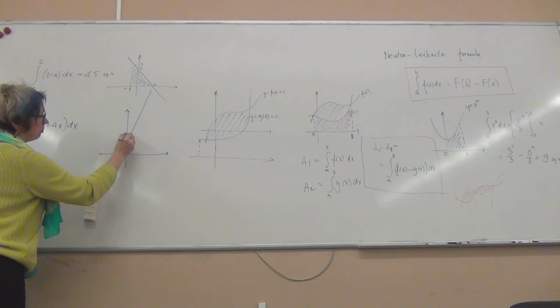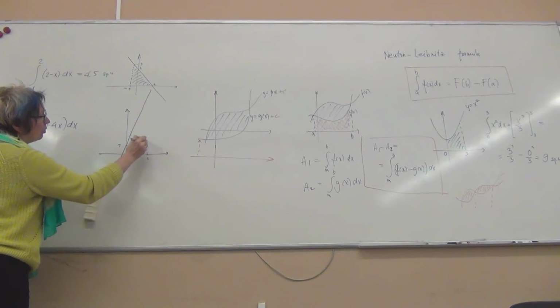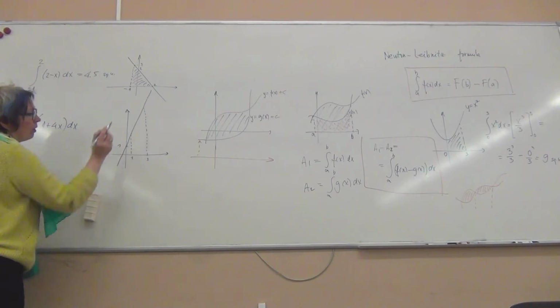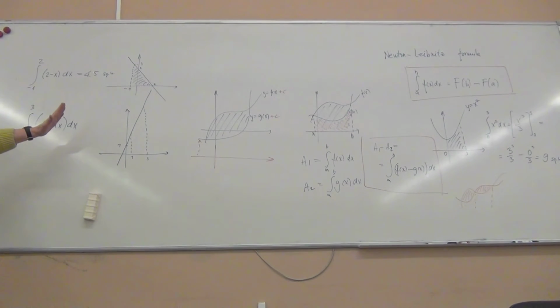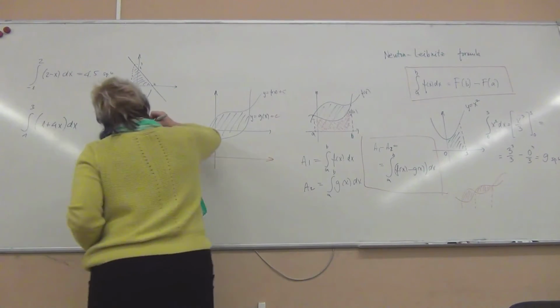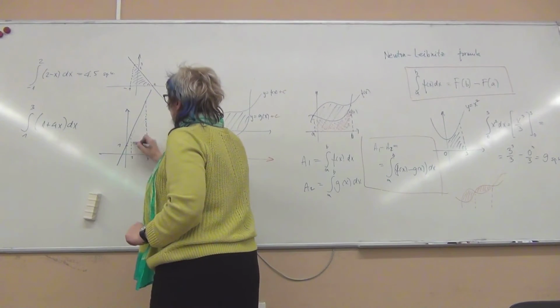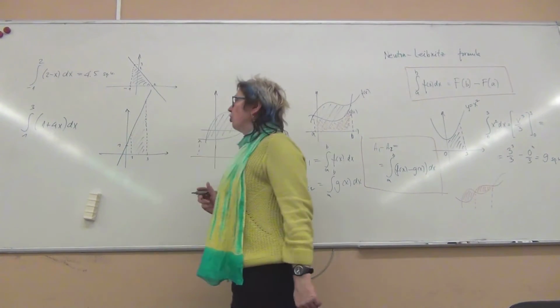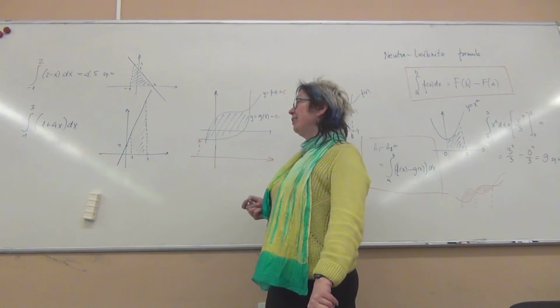From 1 to 3, I don't need the actual scale. I only need to understand how this straight line is situated in the plane, and to realize which area I actually need. This is not a curvilinear trapezoid, that's a real trapezoid.